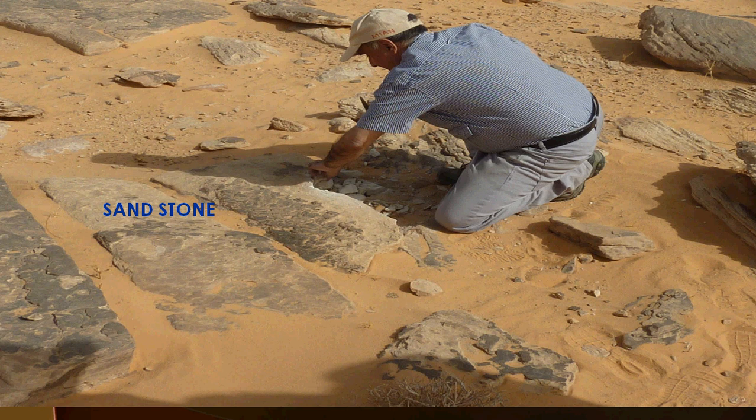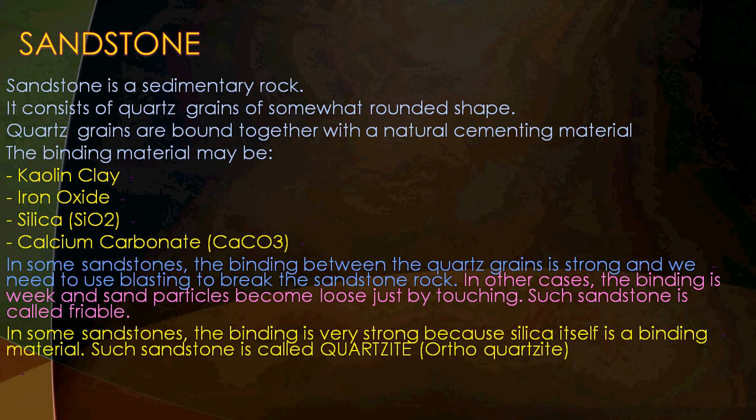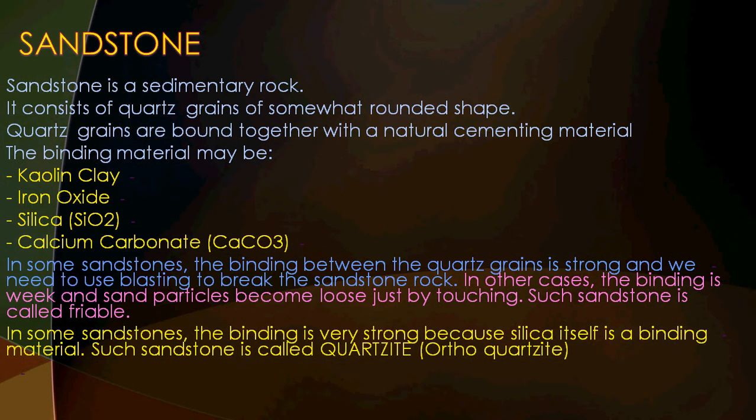The outer surface becomes black and sometimes brown, but when you break a fresh small piece, it will be white in color. So, sandstone is the main source in this region, in Pakistan, Saudi Arabia, UAE, Egypt and many other countries.